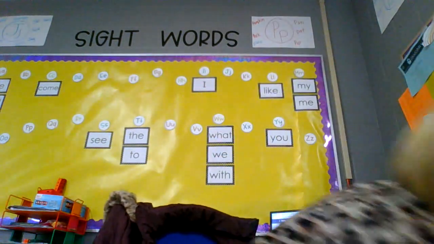And the first thing that we need to do is think about what a sentence has. So a sentence starts with a capital letter. Remember that. All the other letters in the sentence are lowercase letters unless it's somebody's name or a specific place. And then as we're working, we also need to make sure we're putting space between our words. Now, not between our letters, but we write a whole word and then we put a space.